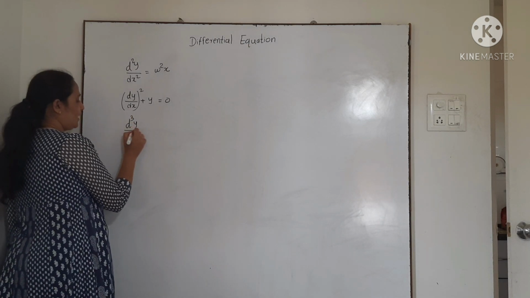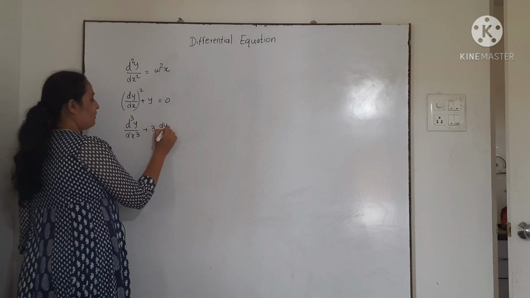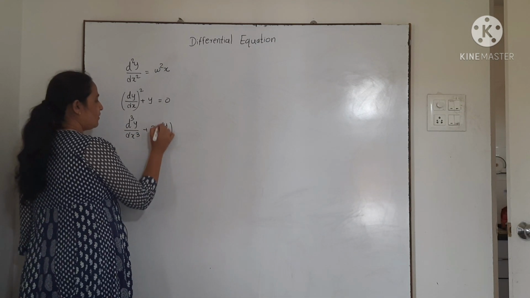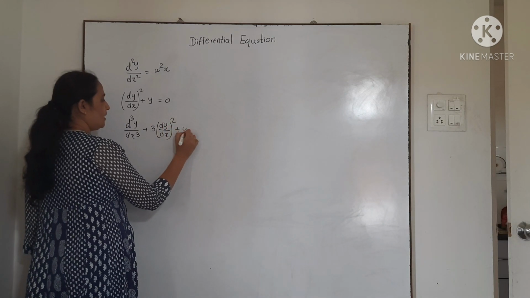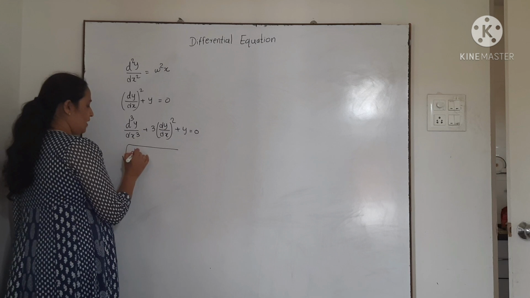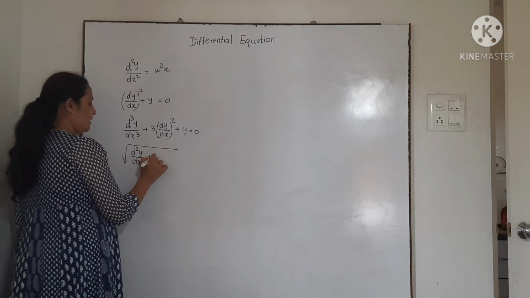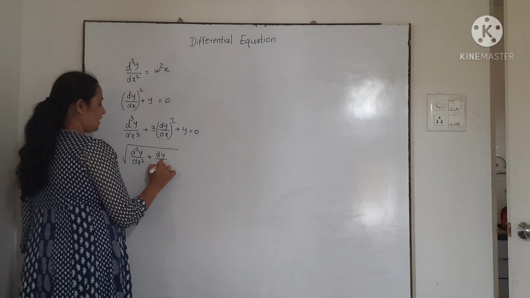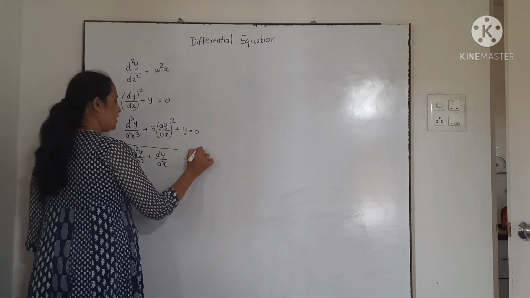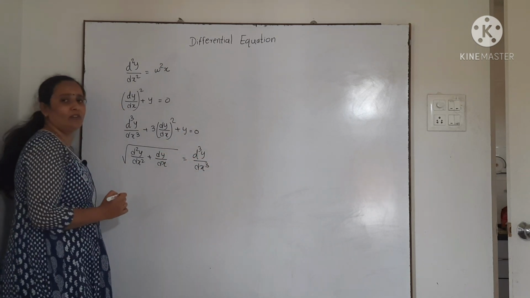Say d cube y by dx cube plus 3 (dy by dx) whole square plus y equal to 0, or we can say under root of d2y by dx square plus dy by dx equal to d cube y by dx cube. These are different examples of differential equation.